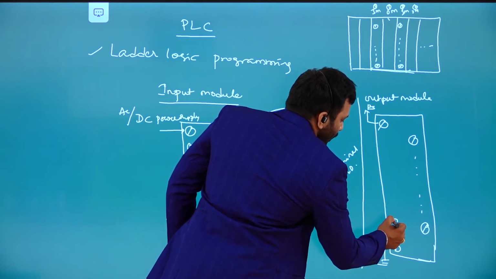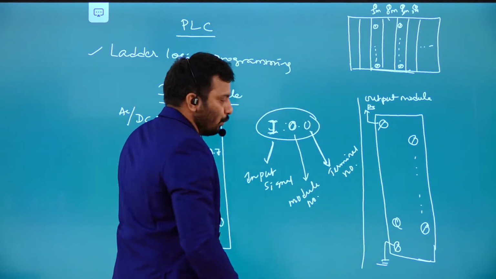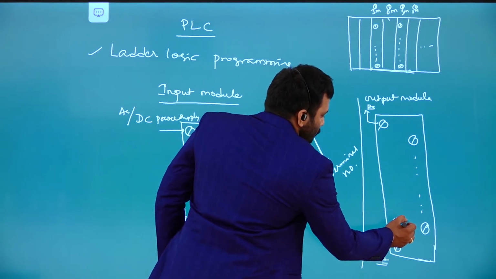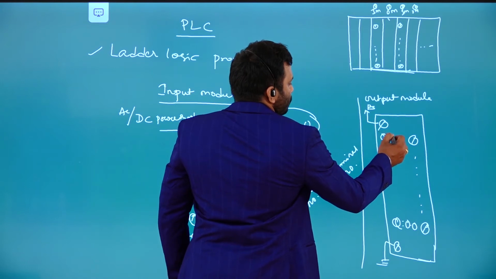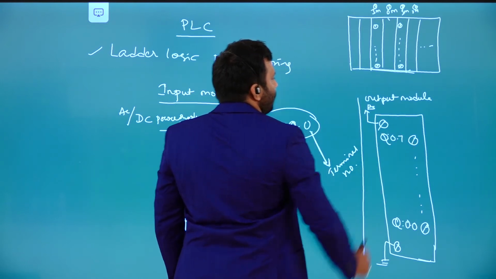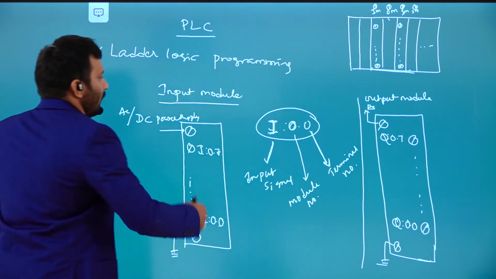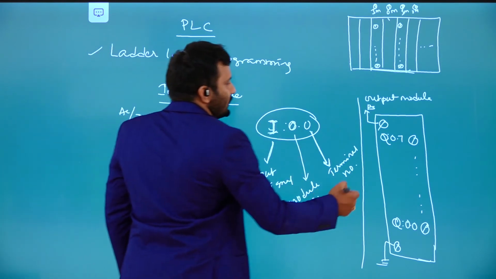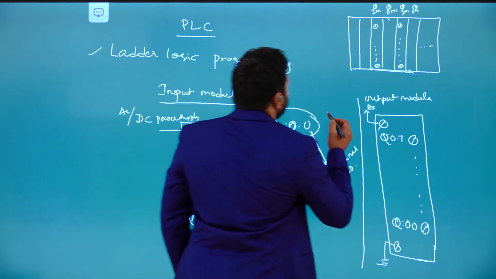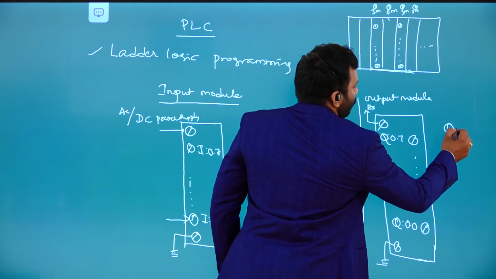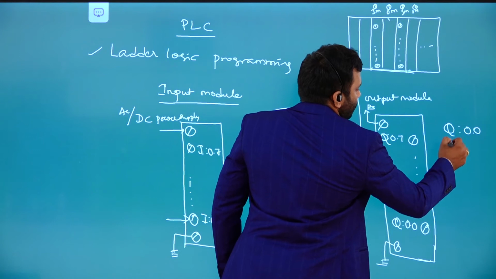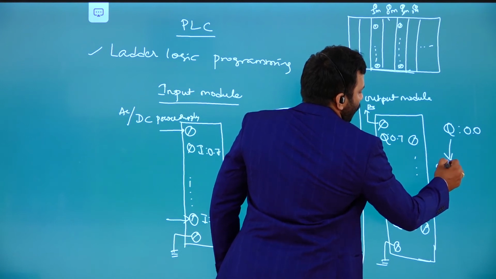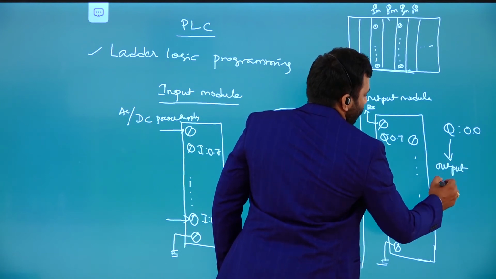Here the output is going to be indicated with Q, right? Q0.0, like that up to Q0.7. Here it's going to be addressed like this, right? See, Q0.0 means this Q indicates this is the output signal, right?